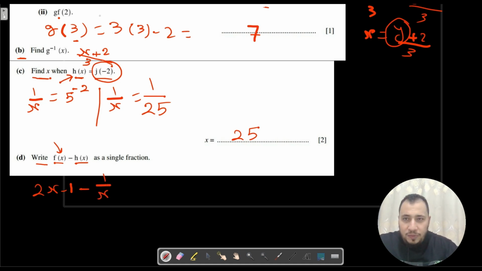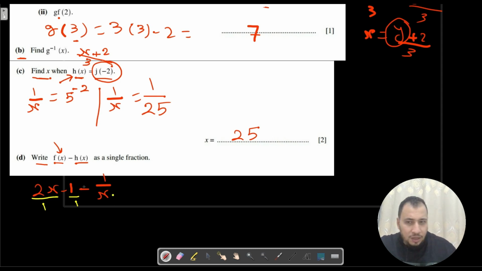The idea here to write them as a single fraction is to make the same denominator. This is the idea. Same denominator, or common denominator, as you call it. Here my denominator is 1, and here my denominator is x.